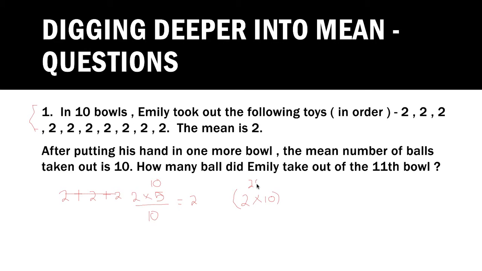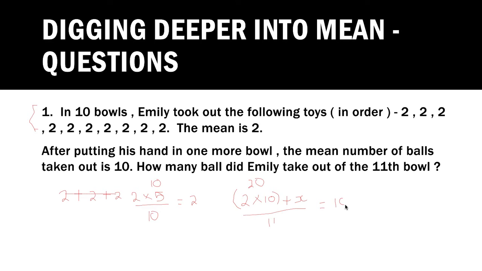Write it directly as 20. 20 plus, this time I'm going to keep it as x, plus x, divided by, so in the 11th, there are 11 balls in which Emily took out the mean number of balls. So we do divided by 11 is equal to, the mean is 10.